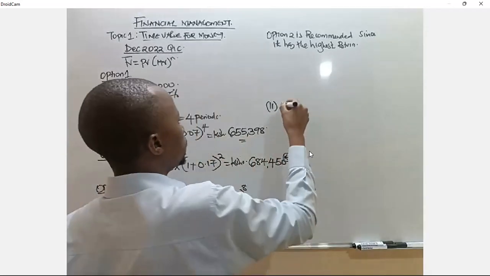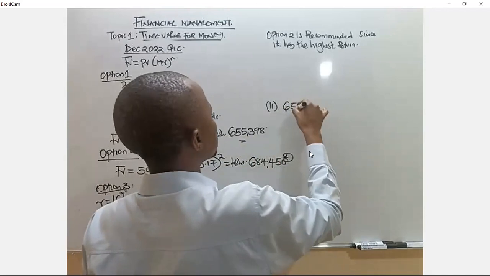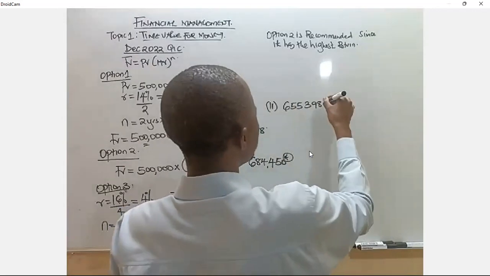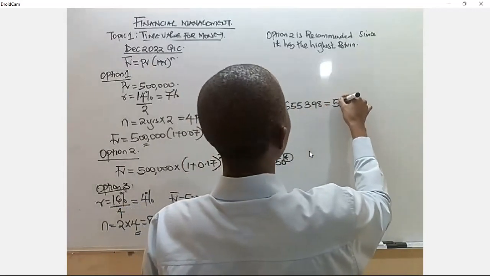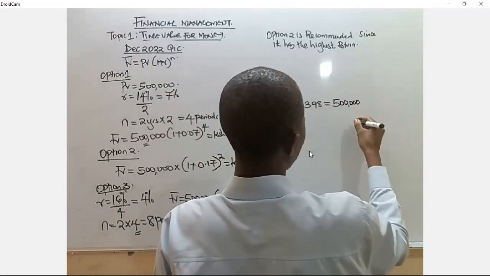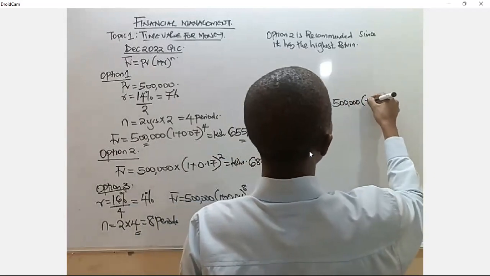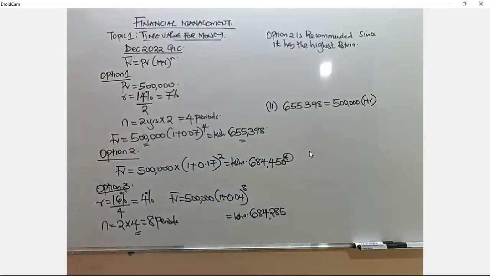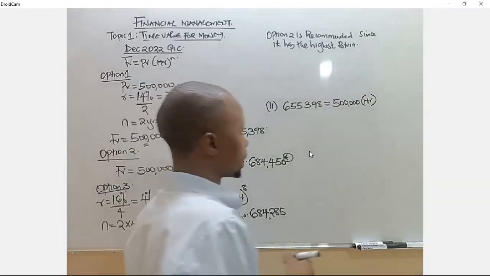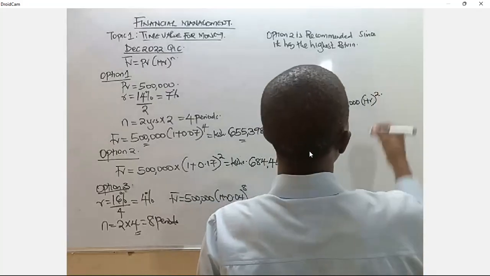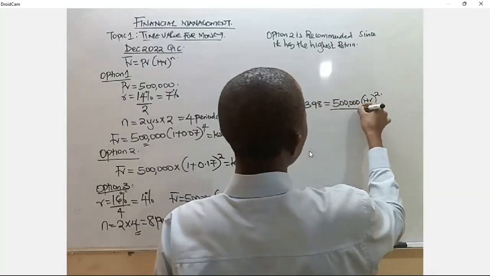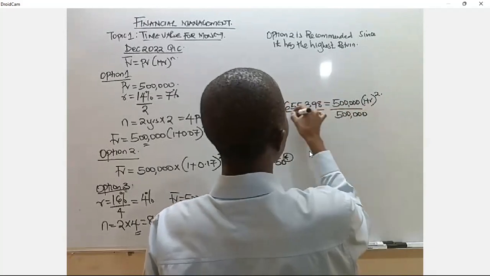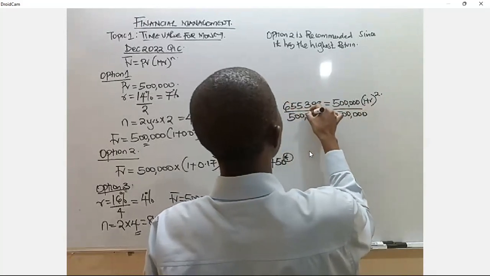So it will be 655,398, which should equal our present value, which is 500,000, times 1 plus rate, raised to how many years? Our investment is just taking 2 years. So in this case, we divide here by 500,000, and also you divide here by 500,000.